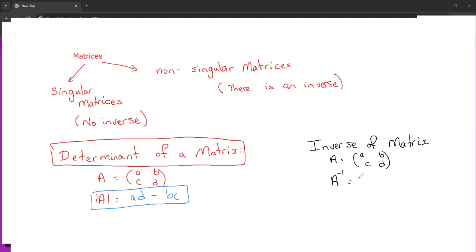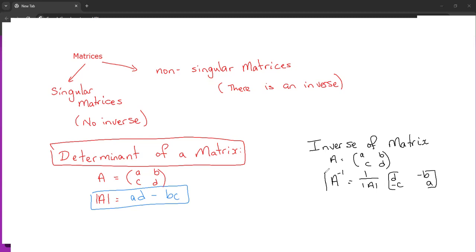It's going to be 1 over the determinant multiplied by the matrix where we swap the positions of these two, so where I have a I put d, and where I have d I put a, and for the other two, we change the sign. If it was positive, it becomes negative, and if it was negative, it becomes positive.